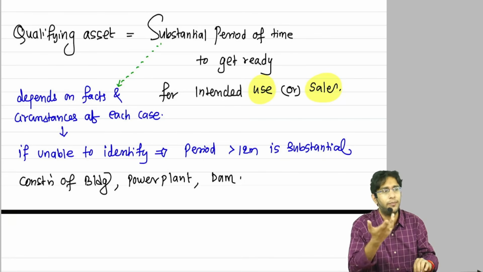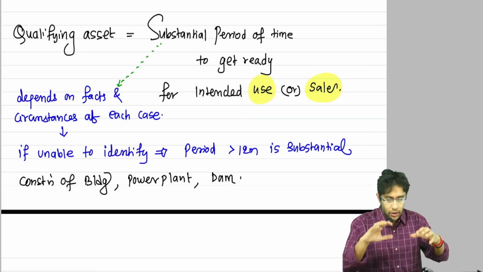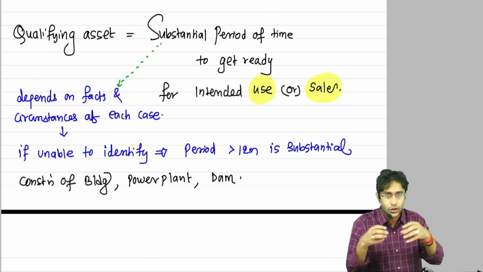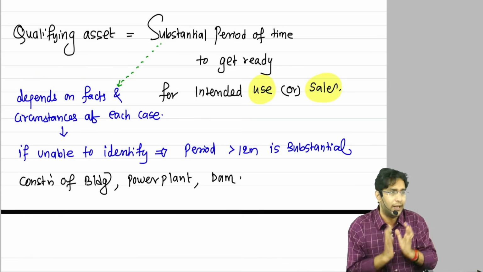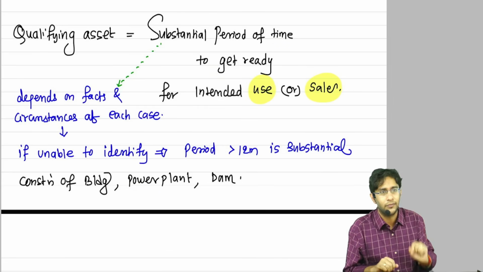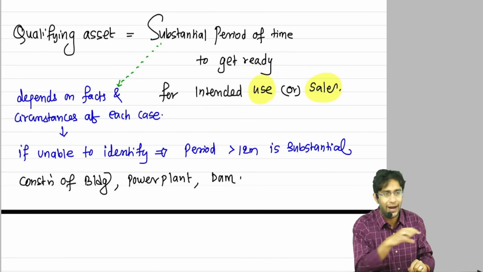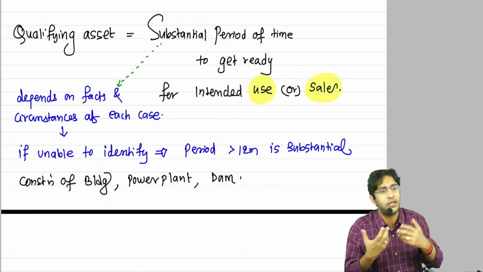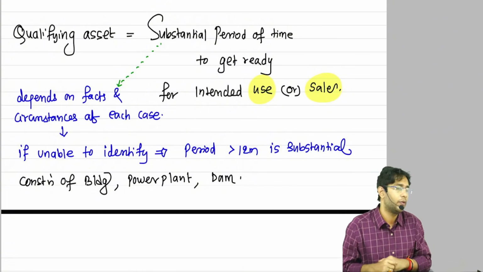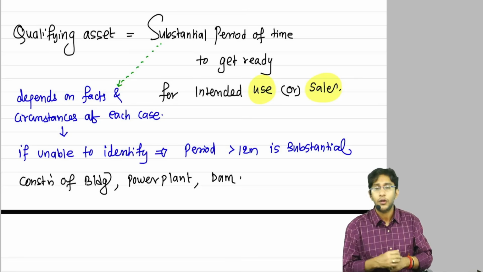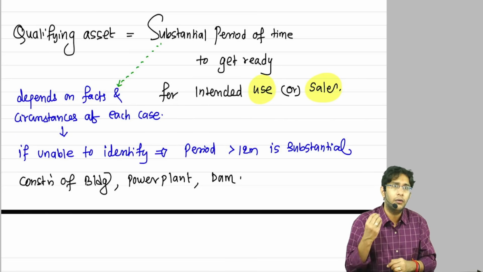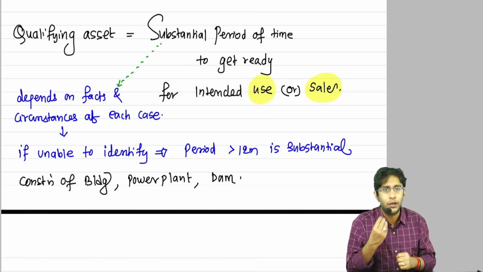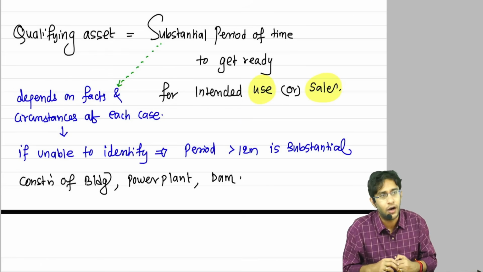For example, you are a biscuit manufacturing company, sir. All the flour, the sugar, the flavor, everything you mix and keep. You press the button. Within 1 hour, packets are ready. It is not taking a substantial period of time. Example 2. You are a wine company. You are making a 20-year-old scotch. How many years will it take?